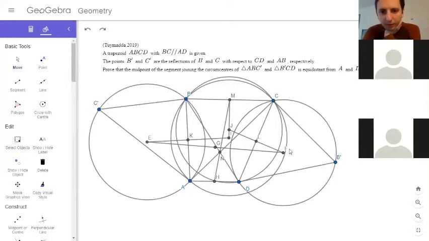So yeah, we have two rhombuses, and the endpoints of those rhombuses form a trapezoid. And I think KL is parallel to BC is parallel to AD, because K and L are the midpoints of the trapezoid. Yeah, that's true. KL is parallel to BC and AD. That seems like it would be helpful.